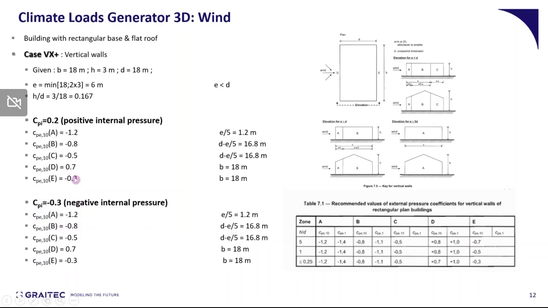So for one load case of wind, we have two different combinations in order to take into consideration both CPIs.